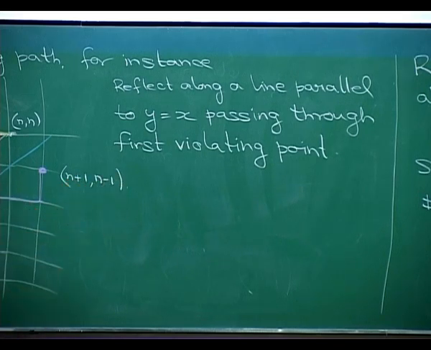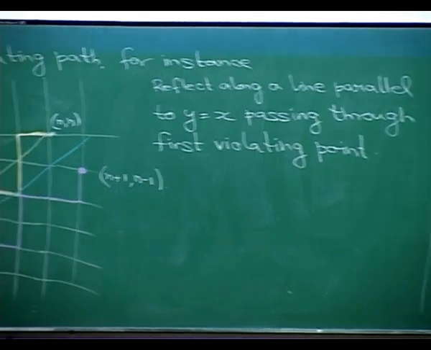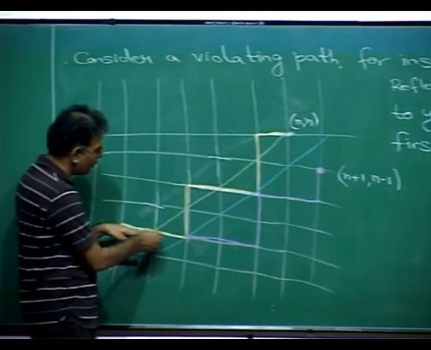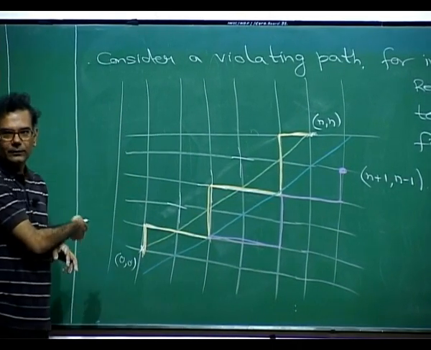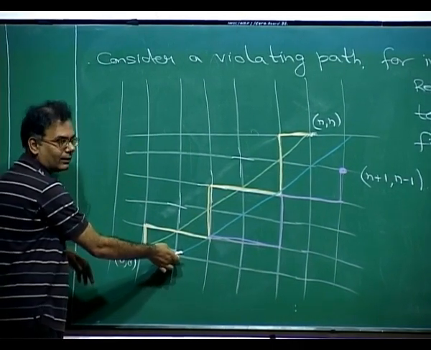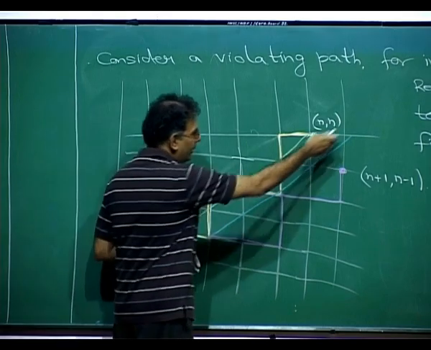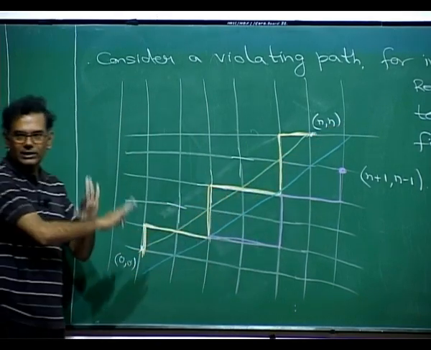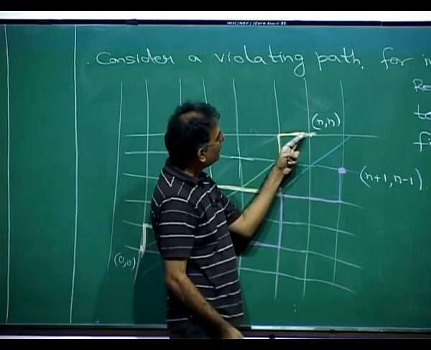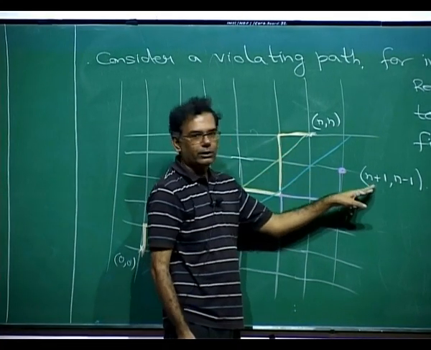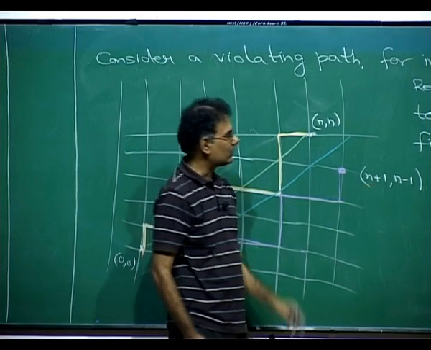Note that this will always happen. Always the ending point will be n plus 1, n minus 1, because the line of reflection is always going to be this line, because the first point at which you violate will be either this or this or this or this. It's always on that line, right? Or the very first one here. The line of reflection is going to be always this blue line. For whichever violating path you take, the line of reflection is always this, and when you reflect n, n around this line, clearly you get to the point n plus 1, n minus 1.